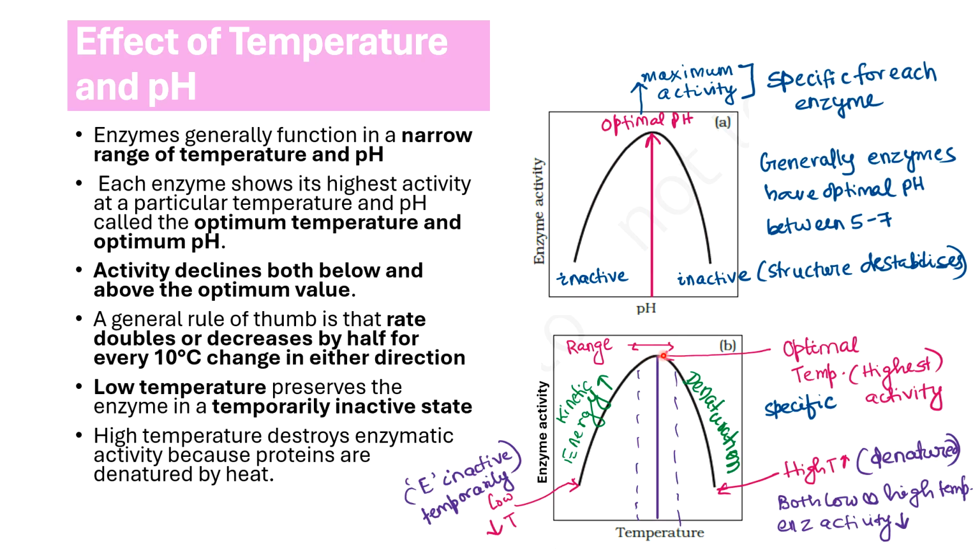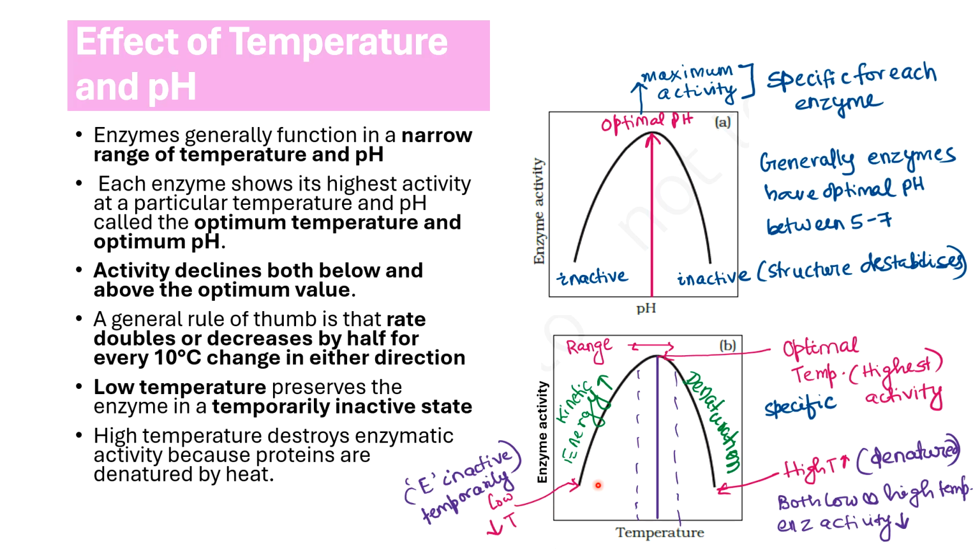The temperature at which the enzyme shows the maximum activity is called the optimal temperature. At optimal temperature, the enzyme shows highest activity, and the optimal temperature is always specific to a particular type of enzyme. Now, both at low temperature and high temperature, the enzymatic activity is very less.